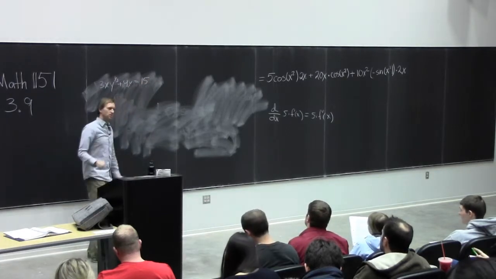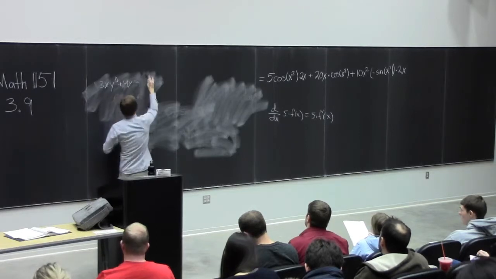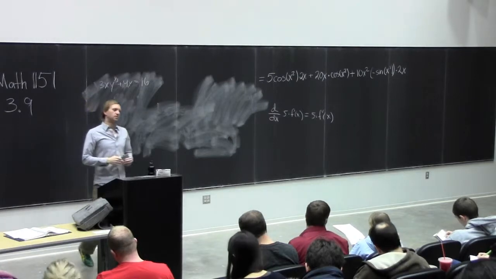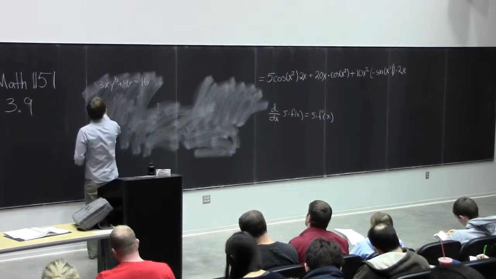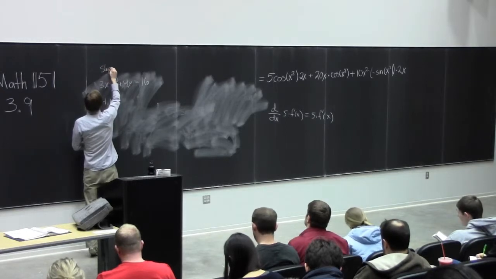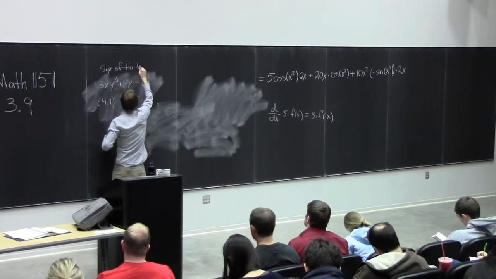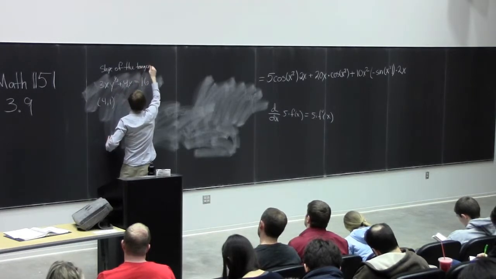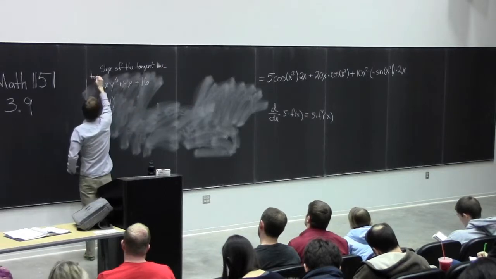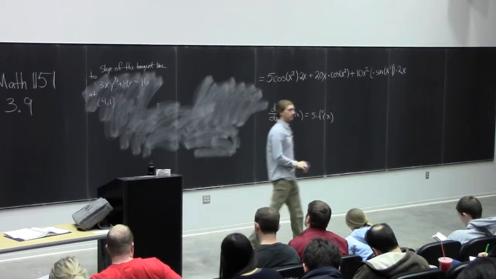And what's the point? The coordinate is 4, 1. So we want the slope of the tangent line to this at this place right here.